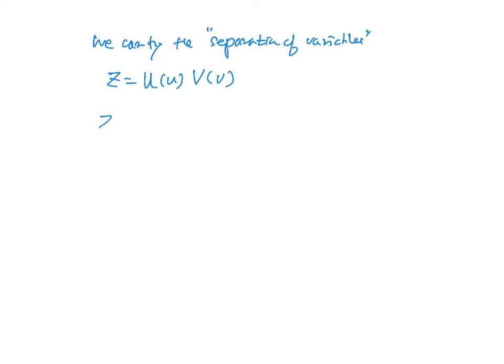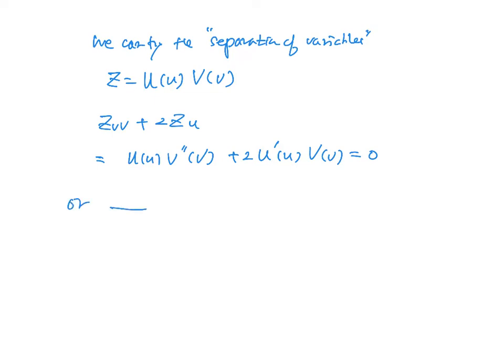Then Z_vv plus twice of Z_u becomes U_uu with twice of U plus phi is equal to 0. Or phi over v double prime minus u plus twice of u prime.